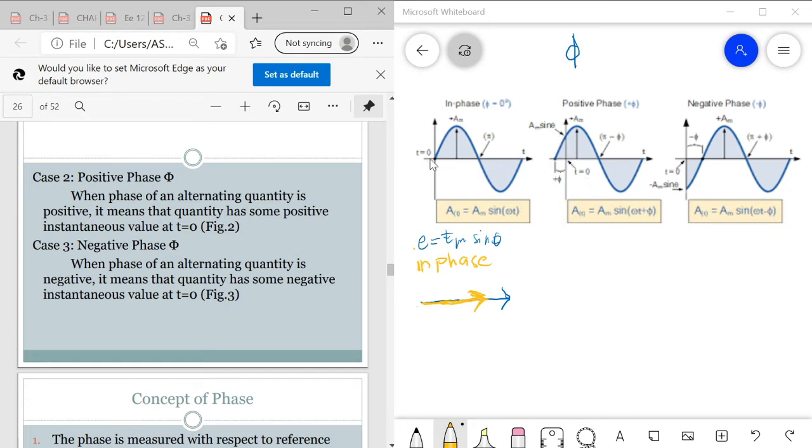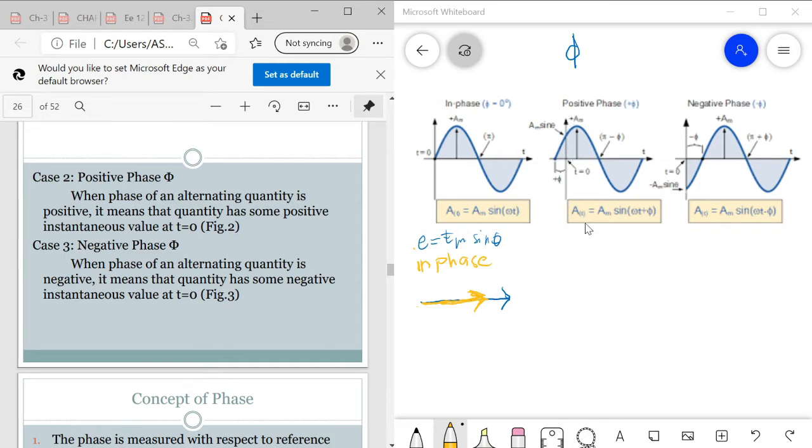So dito, yung value ng sine wave natin is 0 at t is equal to 0. So positive phase naman, may value dito at t is equal to 0 na positive because it started at y positive.